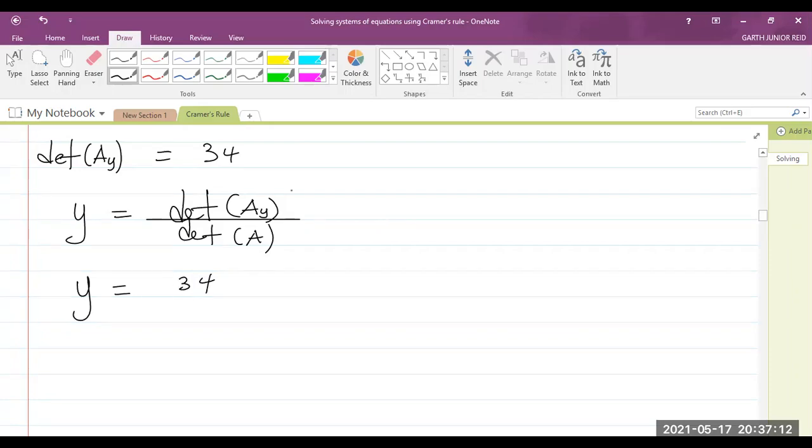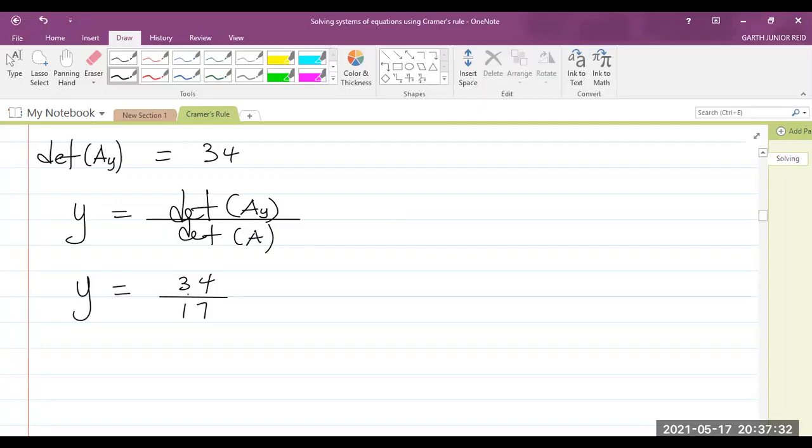And we are going to divide that by the determinant of A, which we calculated as negative 17. So I'm going to put the 17 here.